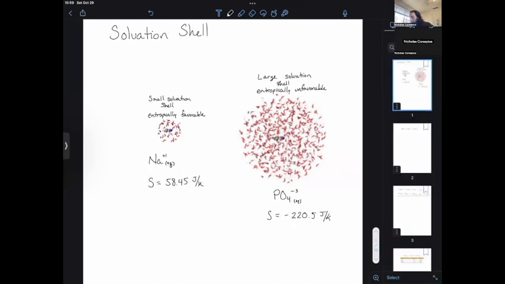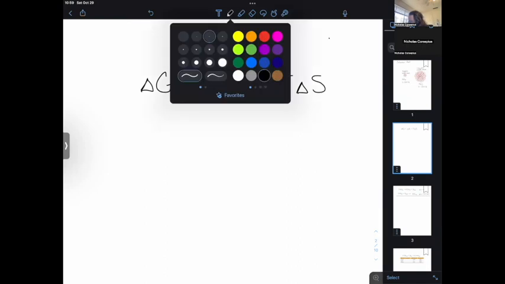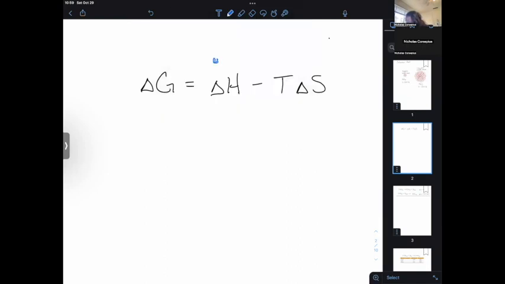Okay, so our whole point of discussing entropy was really to get at this idea that we have what we call a chemical potential that's going to predict whether or not a process is spontaneous or non-spontaneous. And it had those two elements, the enthalpy and the entropy, both of which had to be considered in order to determine whether or not a process would happen spontaneously.